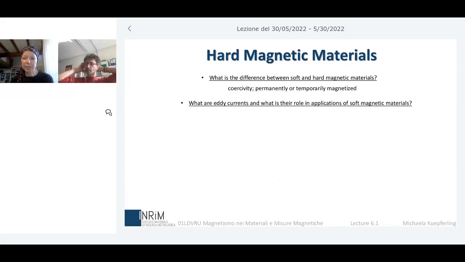What are eddy currents and what is their role in applications of soft magnetic materials? So eddy currents, everybody knows that from electromagnetism lectures. They are induced currents when you have a time-varying field.